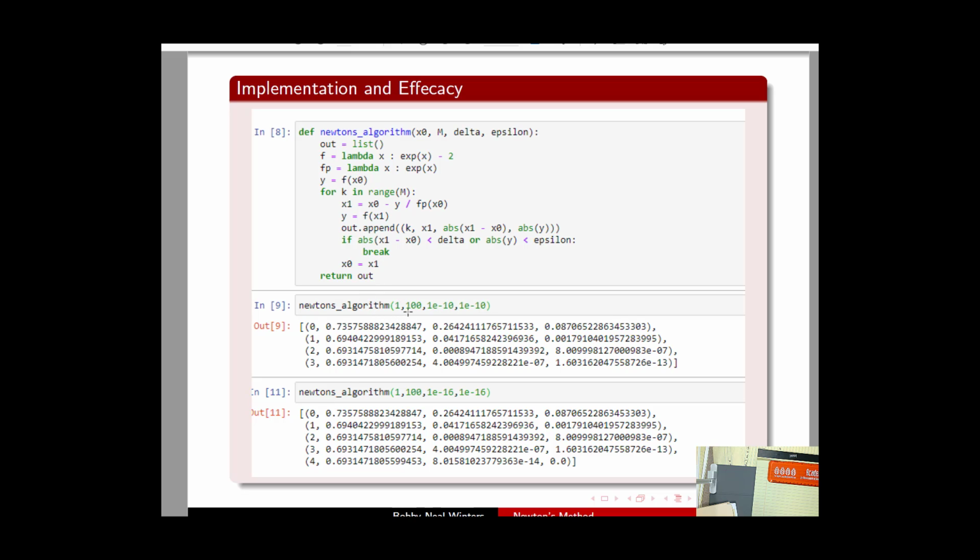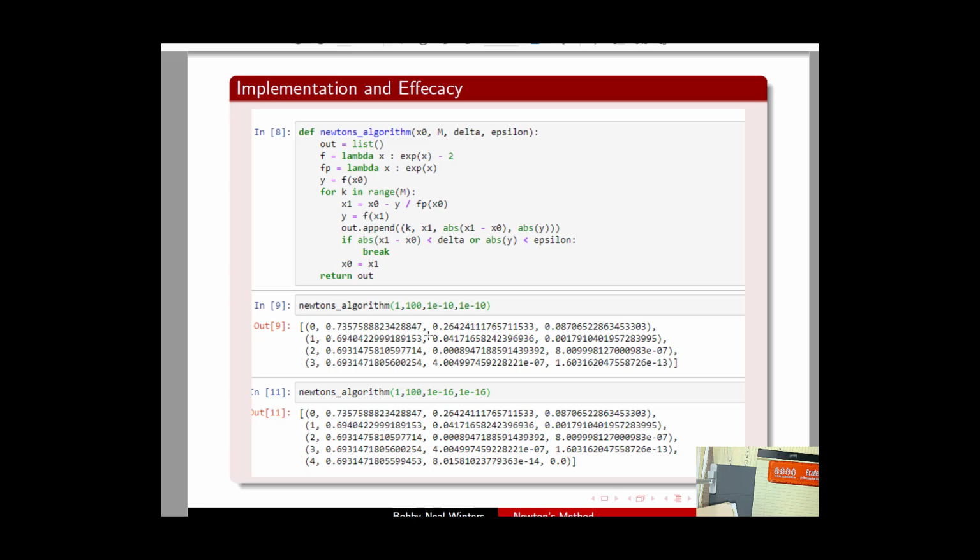For this particular one, we're going to start at 1. We'll go through it at most 100 times. We'll stop if our successive approximations are within 10 to the negative 10th of each other, and we'll stop if f of an approximation is less than 10 to the negative 10.